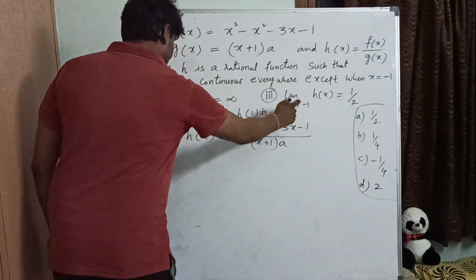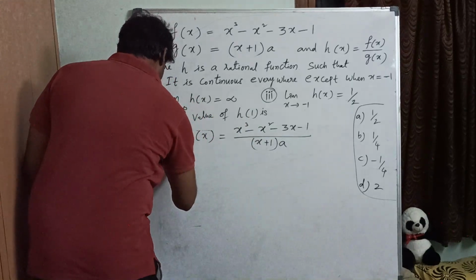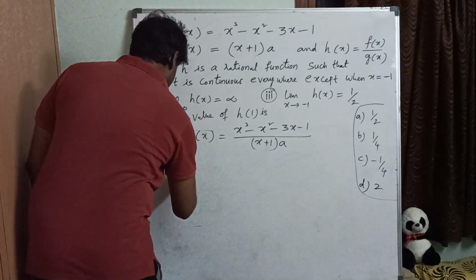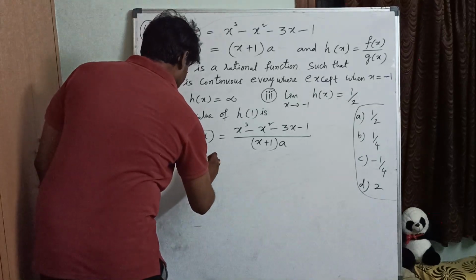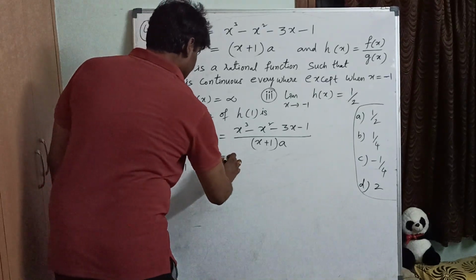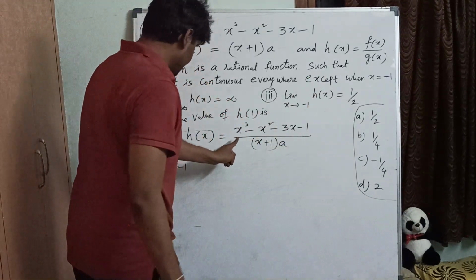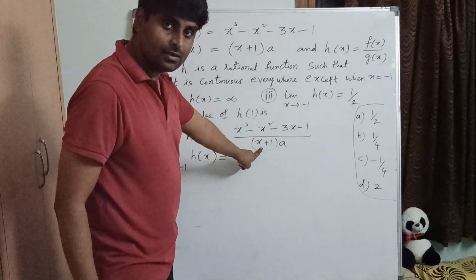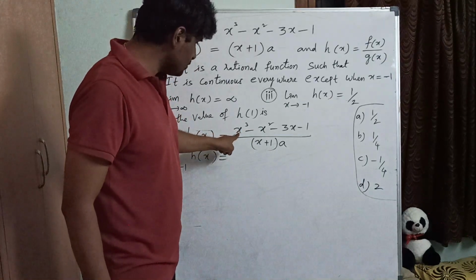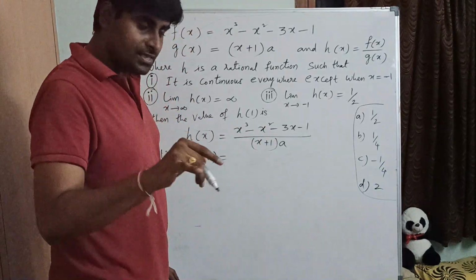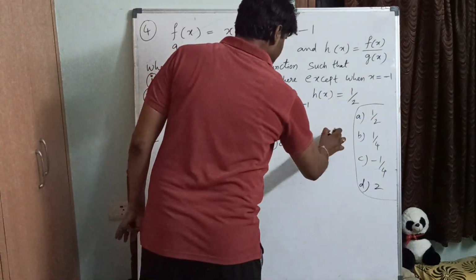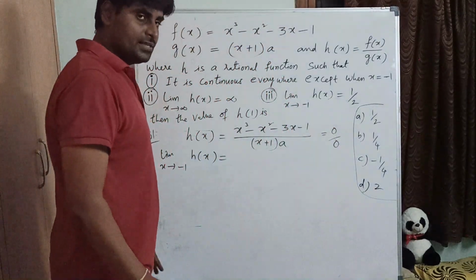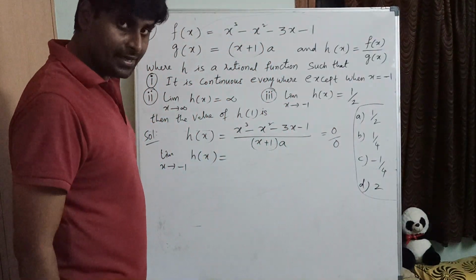Limit x tends to minus 1 of h of x was given as 1 by 2. Now let us find the limit of this. Can I put minus 1 in this denominator? It will be 0. Here also if you substitute minus 1, it will be 0. So this is in the form of 0 by 0. Whenever it is in the 0 by 0 form, we apply L'Hôpital's rule.